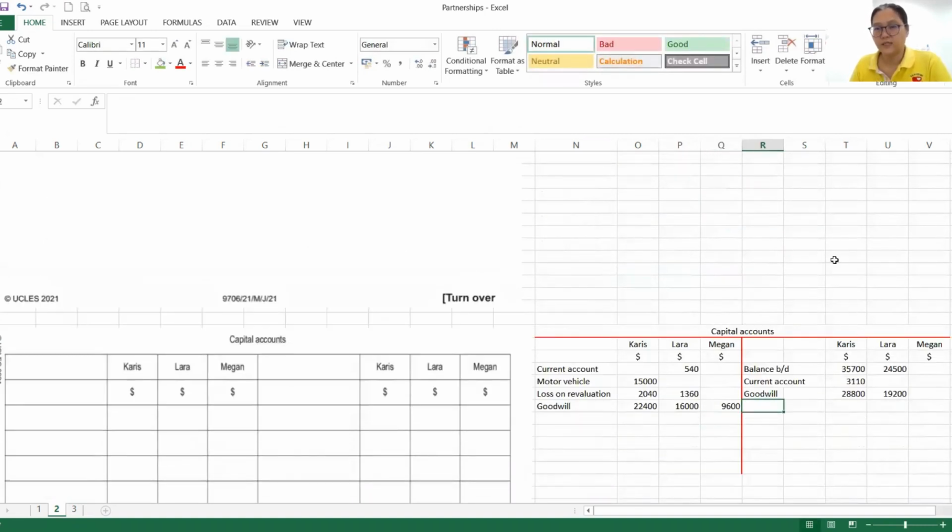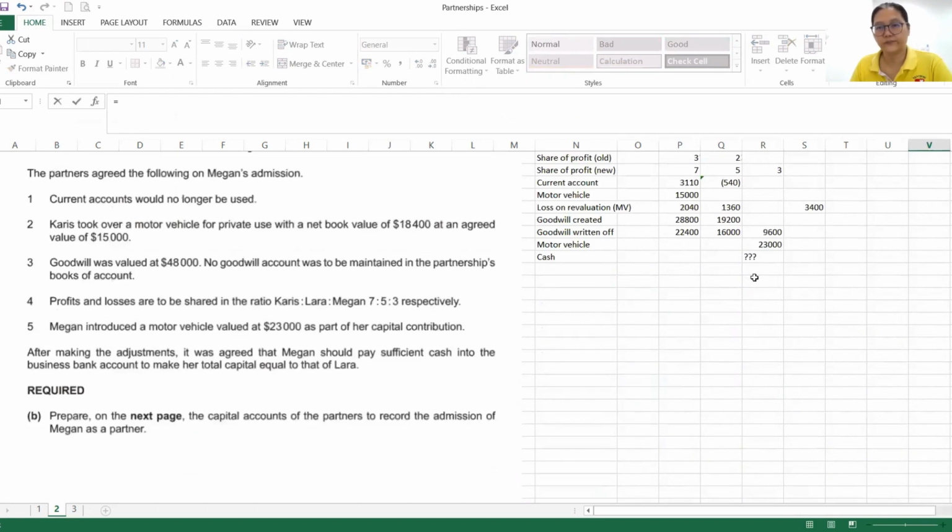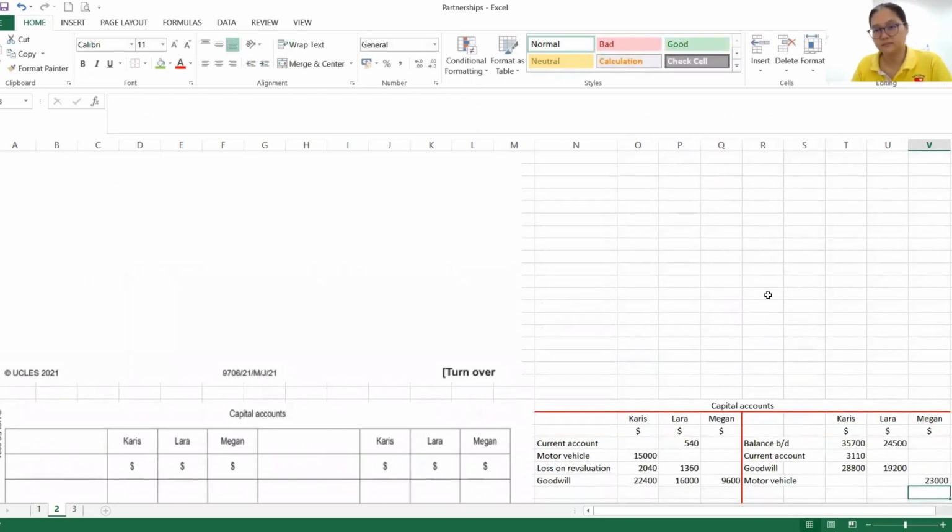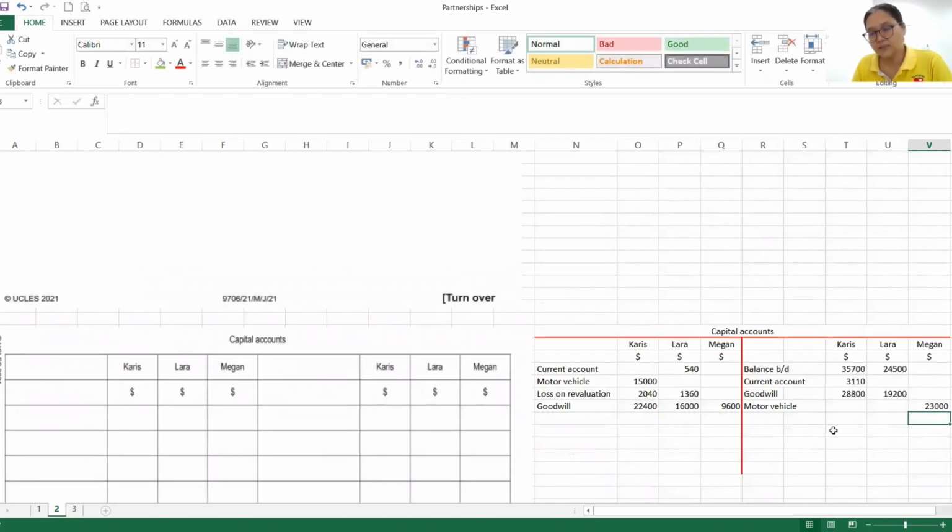Okay. And Megan contributes the motor vehicle. So the motor vehicle is 23,000. Now, how much needs to be paid in cash by Megan?